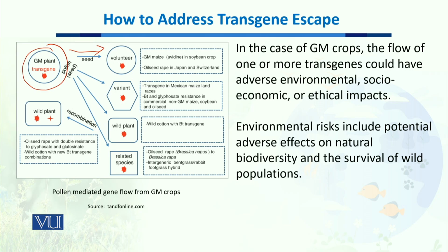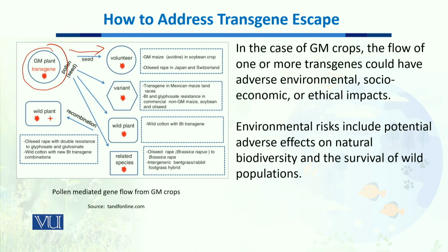For example, genetically modified maize, if it's grown in a soybean crop, can result in the transgene escape. The same is true for oilseed rape in Japan and Switzerland, where they have also resulted in the escape of transgene from the genetically modified plants to other wild or weedy plants.